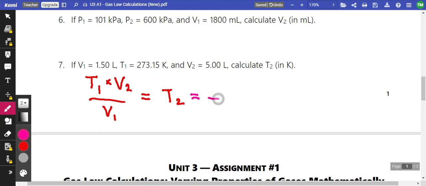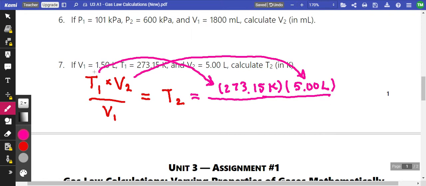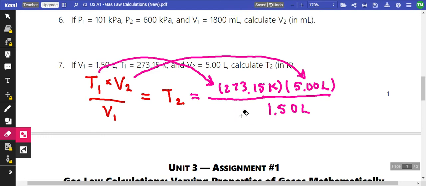That's going to be equal to, all right, my T1 in this case is 273.15 Kelvin, times my V2, which is 5.00 liters, divided by my V1, which is 1.50 liters.